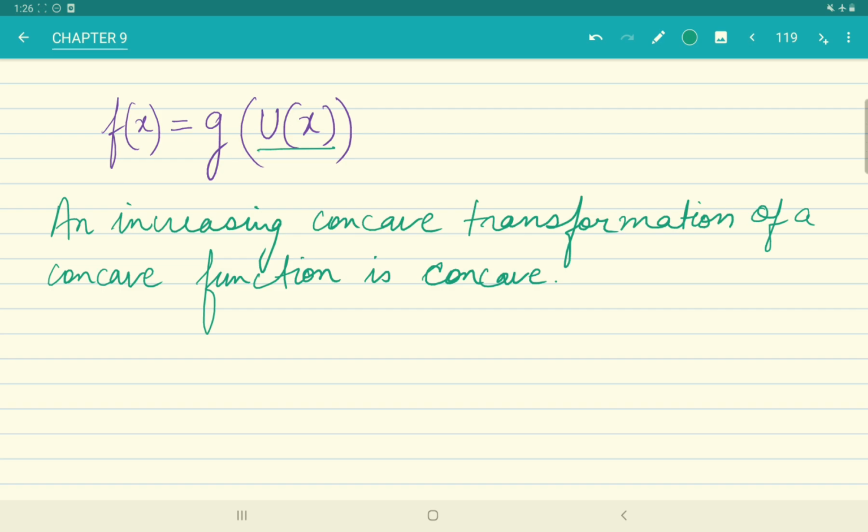That increasing concave transformation of this concave function is g of u of x, which I know is f of x, the composite function, and we have seen that that is concave. And that's why we say that you take up a concave function, you take its increasing concave transformation, that increasing concave transformation is concave.